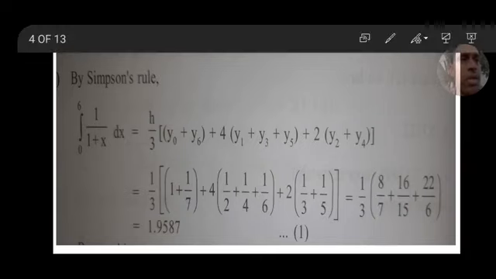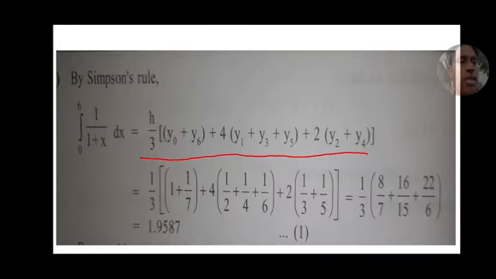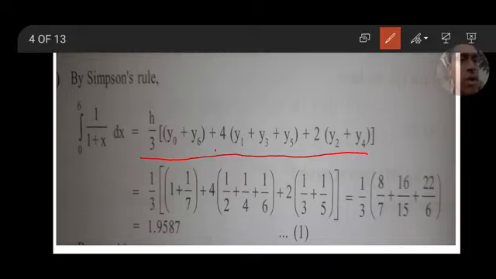What is Simpson's rule? By Simpson's rule, the integral is h by 3 times y0 plus y6, the first value and last value, plus 4 into odd ordinates, y1 plus y3 plus y5, plus 2 into even ordinates, y2 plus y4.